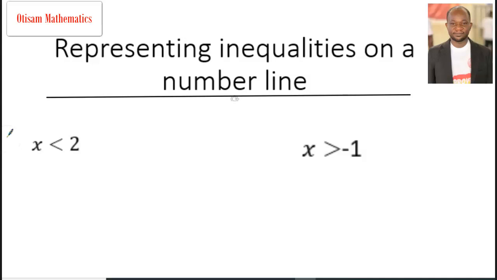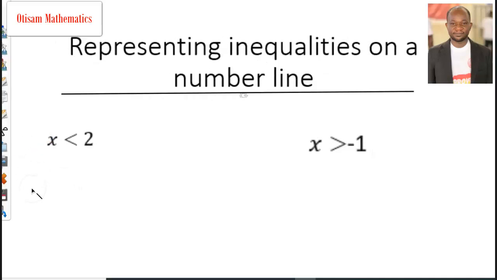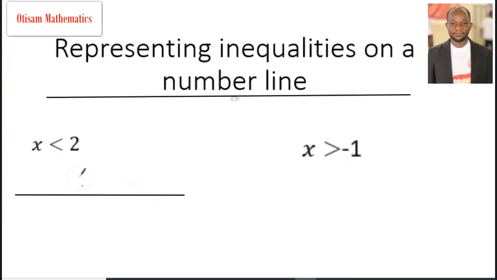So the first one, x is less than 2. So you draw your number line. This is my number line, and then I divide it. So this is 0, minus 1, 1, 2.